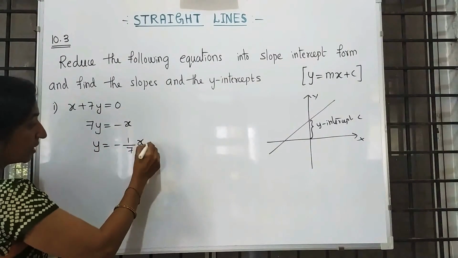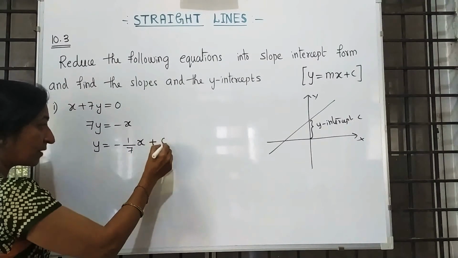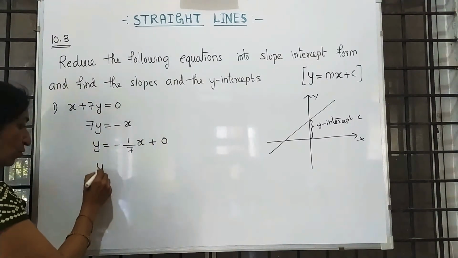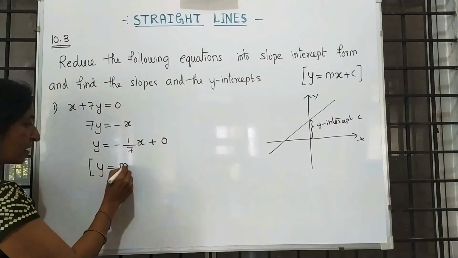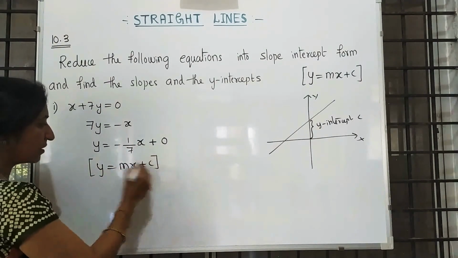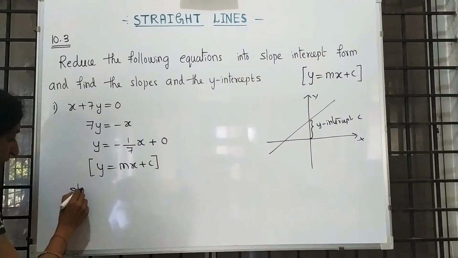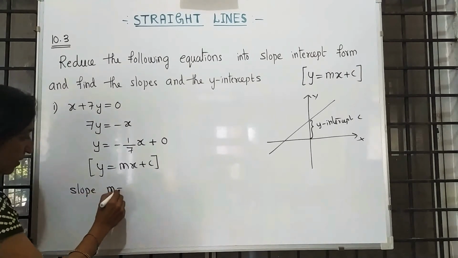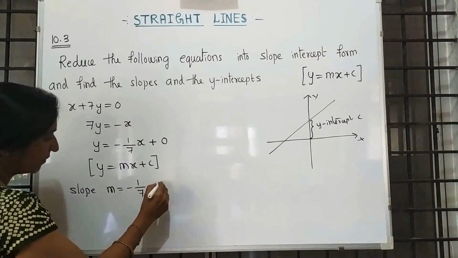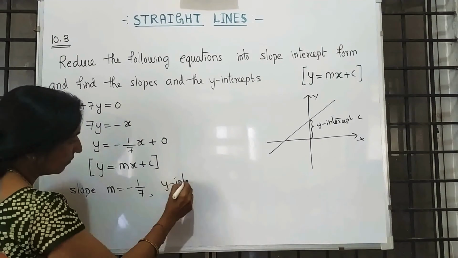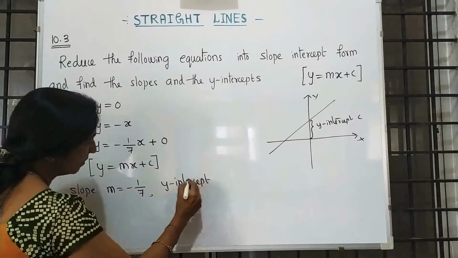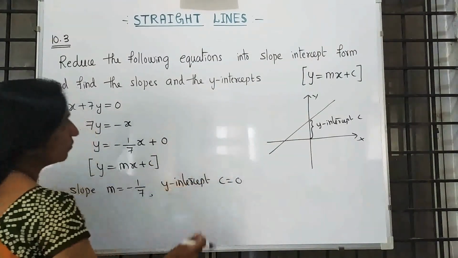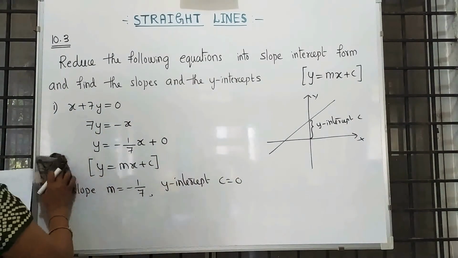There is no c, so for our convenience I am writing this as 0. Now this is in the form y is equal to mx plus c. So what is the slope then? Slope m is equal to minus 1 by 7. Y intercept c is equal to 0. Moving to the second problem.